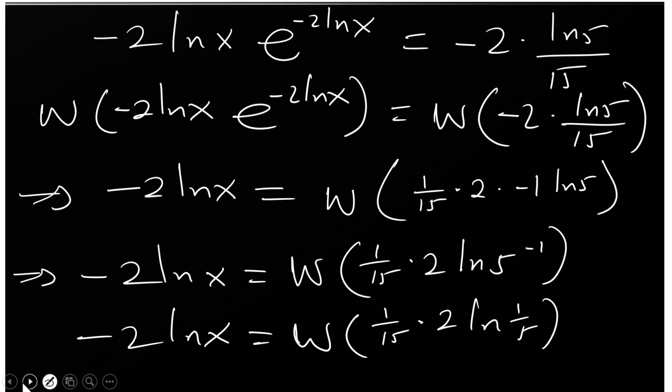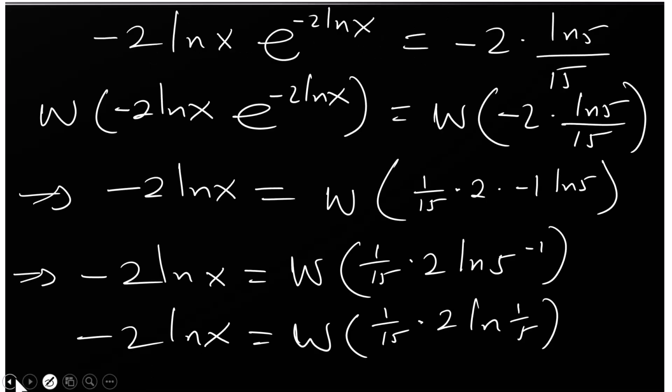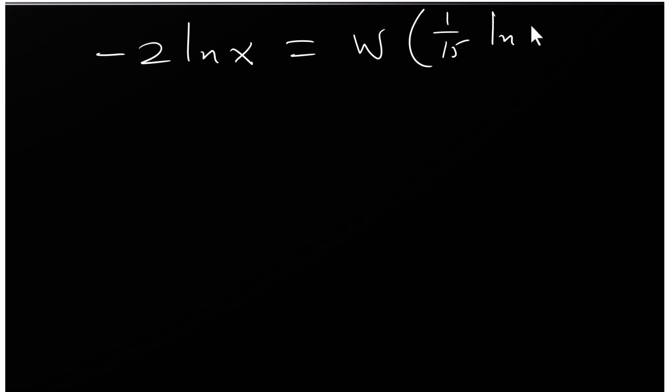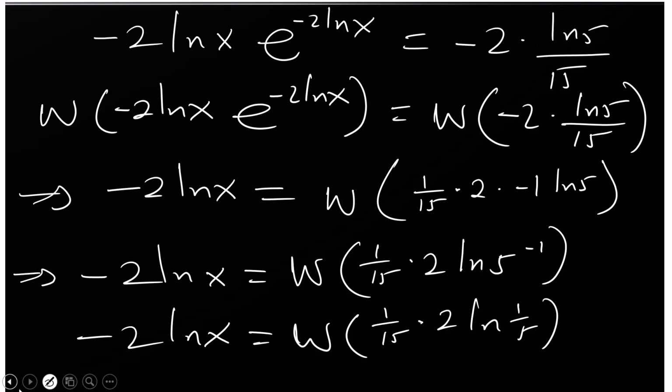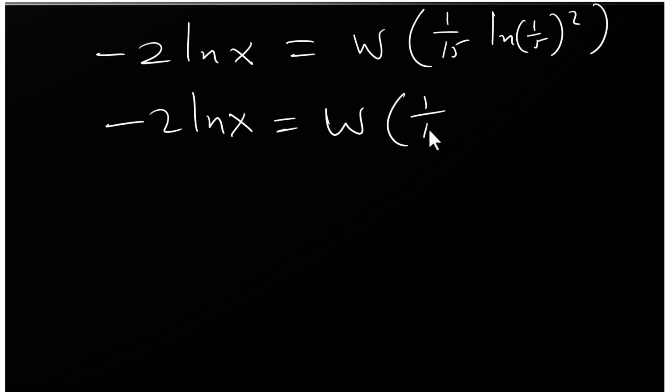So minus 2 ln of x equals W function of 1 on 15 times ln of 1 over 5 all squared. Let's confirm. Yeah. So ln of this one squared will be 1 on 25. As simple as that.